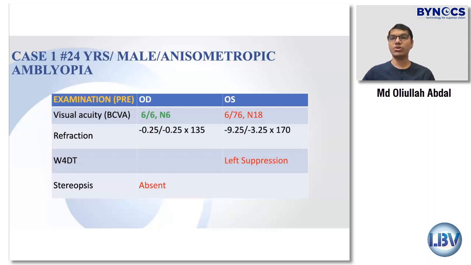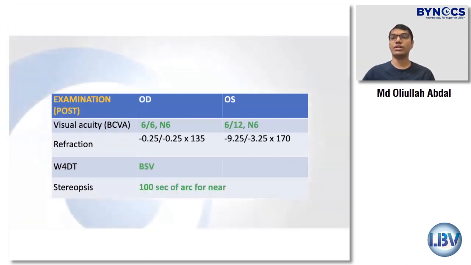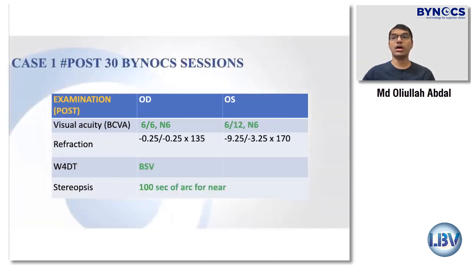As of now, if you look only at a monocular approach, there is no solution for them. However, if you look at a binocular angle and enroll in a program like Bynocs or similar, you can get very good improvement. Now this patient agrees to any kind of refractive surgery you suggest.